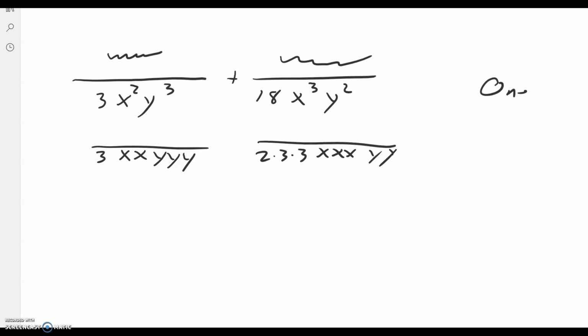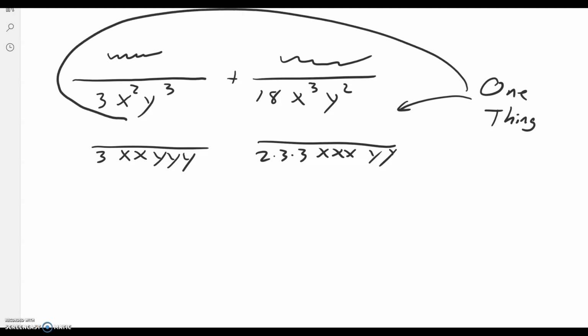Now, imagine one quantity, one thing, one number, one expression, a copy of which can be put over all these denominators. In this case, there's 2 of them. And it needs to be able to cancel all these pieces, every single one of them, and it needs to be able to cancel all these pieces. And it's got to be the smallest possible thing that does that.